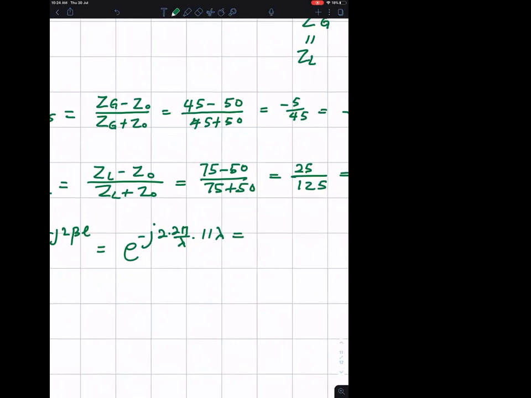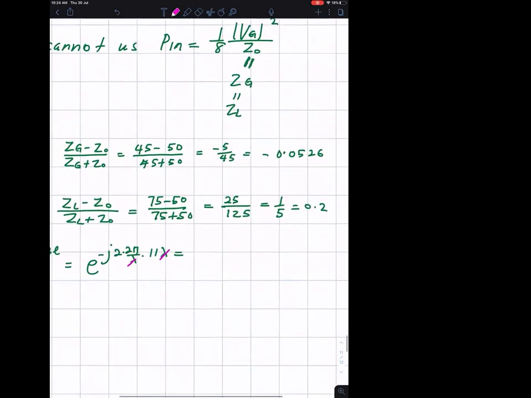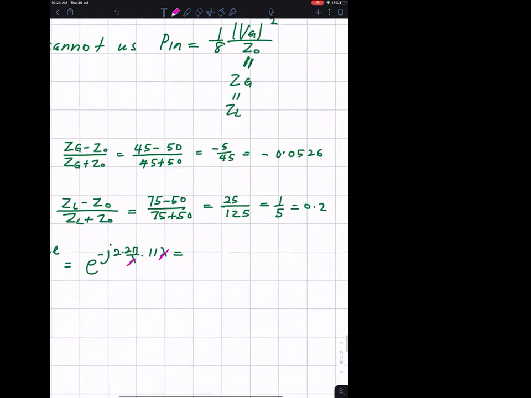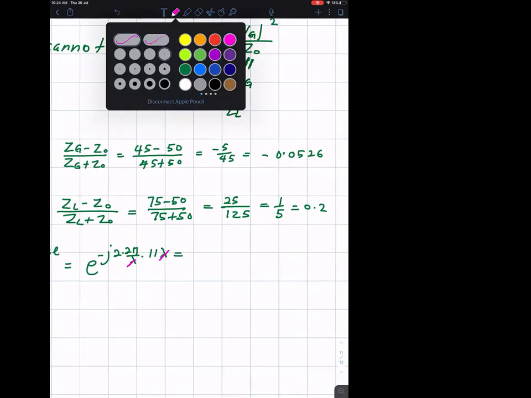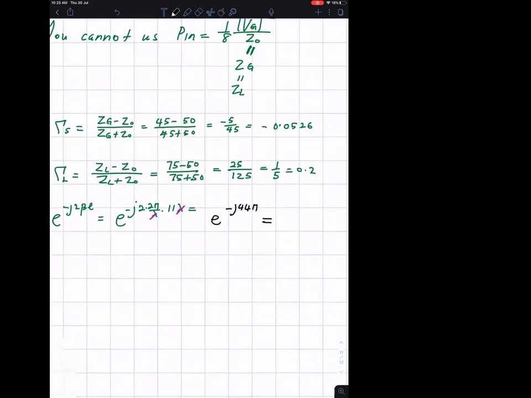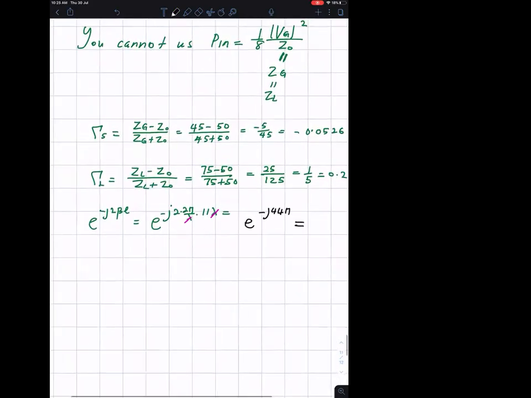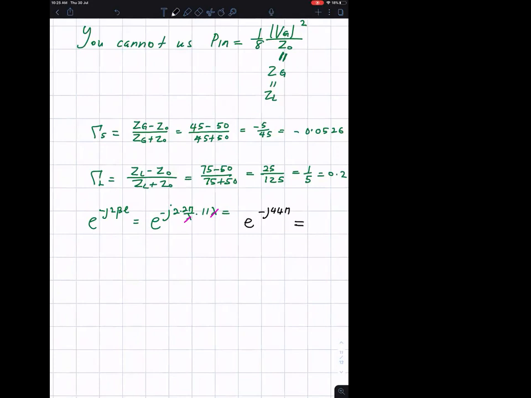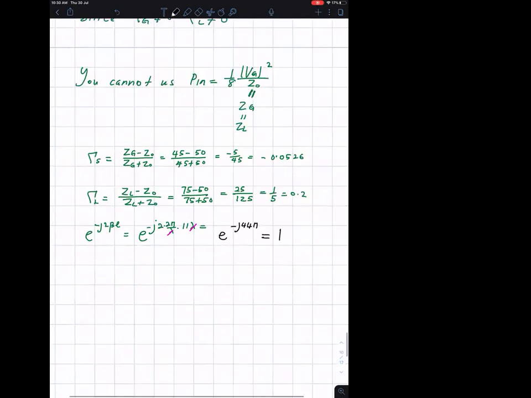If we cancel this lambda with this lambda, then you will have 2 times 2 pi is 4 pi. 4 pi times 11 is 44 pi. So e to the minus j 44 pi. And how much is that? Can someone tell me how much this is? Probably it's 1, is it? Yeah, it's 1.